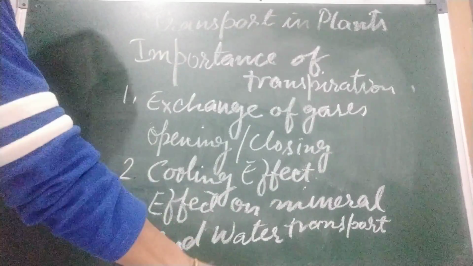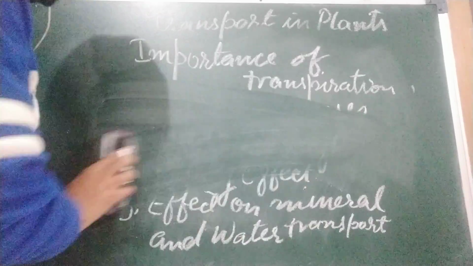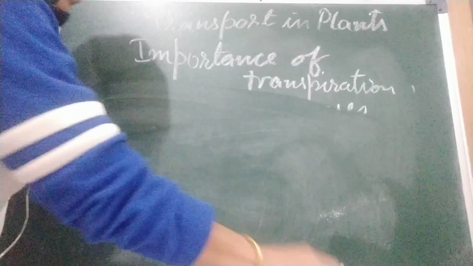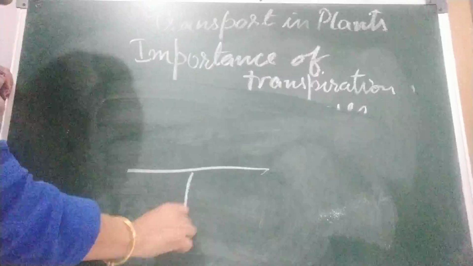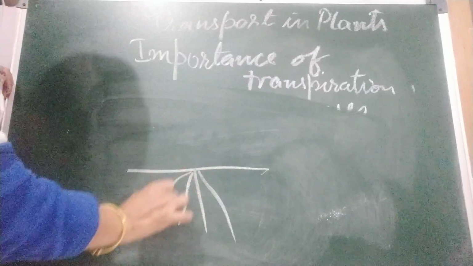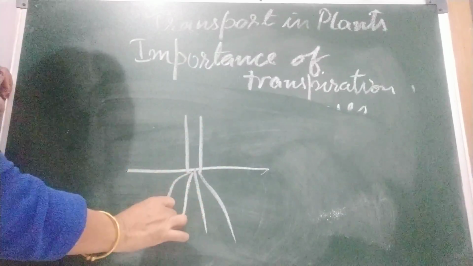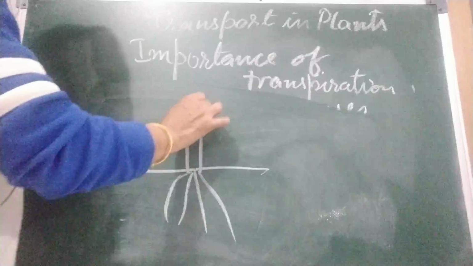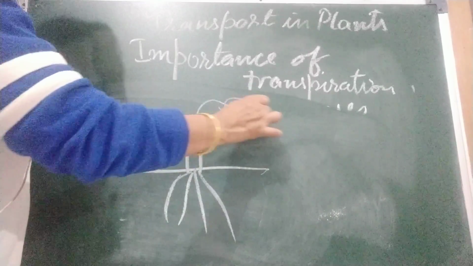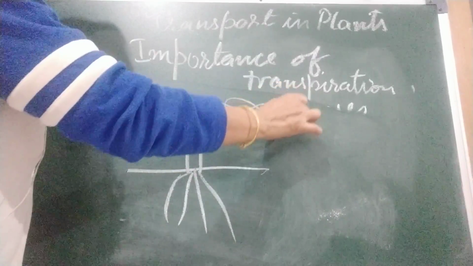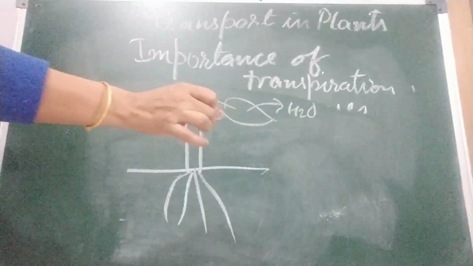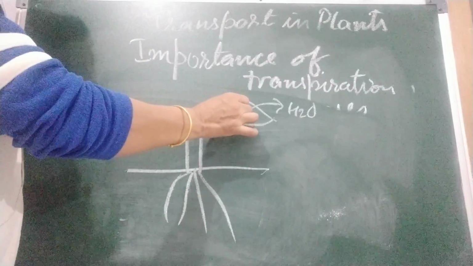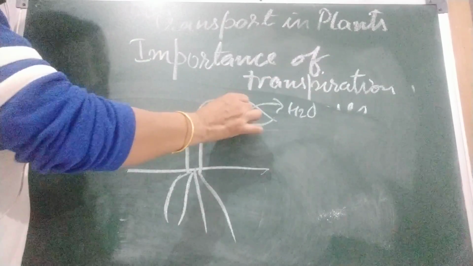Children, I told you what happens. There is a tree, and these are the roots. When transpiration takes place from the leaf, the water vapor is moving out. What happens?